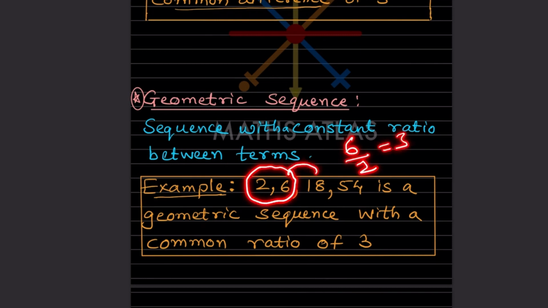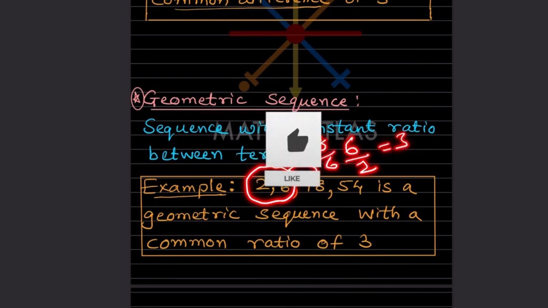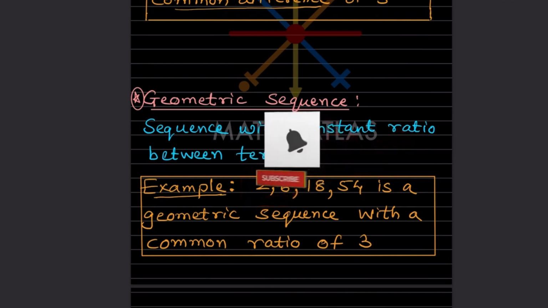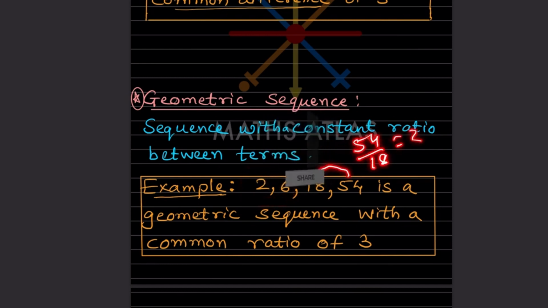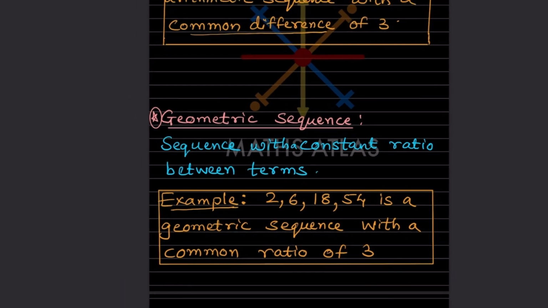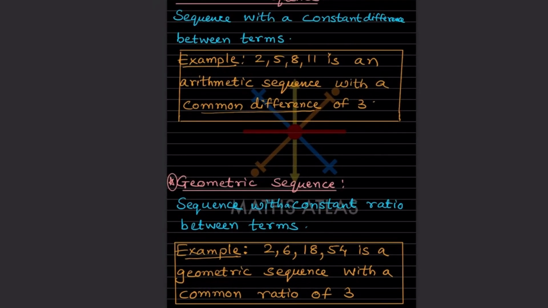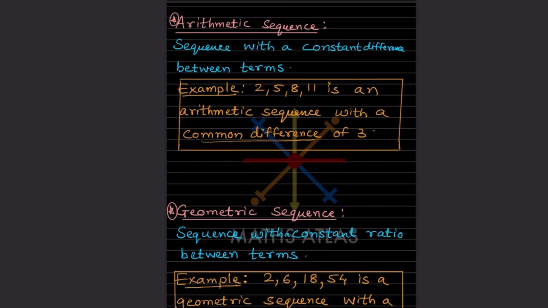Then 18 divided by 6 is 3. Then 54 divided by 18 is 3, and so on. The ratio of all these numbers is the same, so we call it a geometric sequence. The common ratio here is 3. Can you see the difference between the arithmetic and geometric sequence? Here the difference is constant, there the ratio is constant.